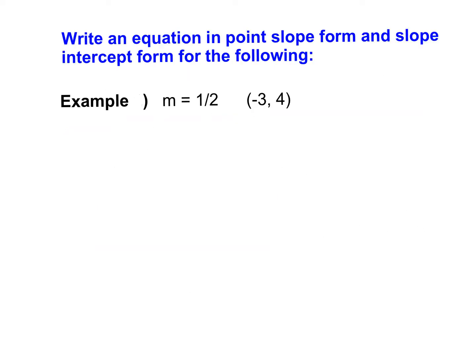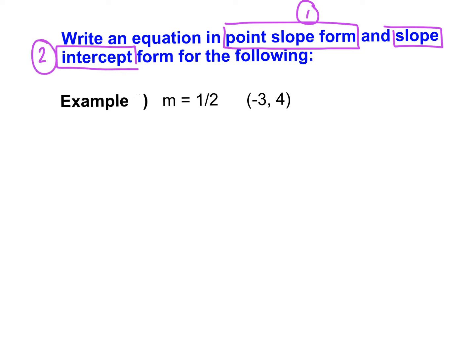Looking at the second example here, the instructions say to write an equation in point-slope form and slope-intercept form for the following situation. We're always going to start in point-slope form. That's our first goal. And then we're going to rewrite that equation into slope-intercept form second. So we'll label that as we go.